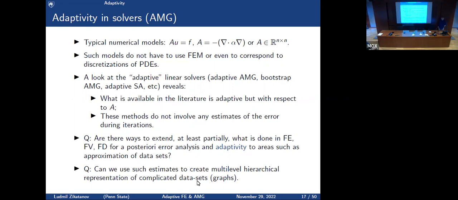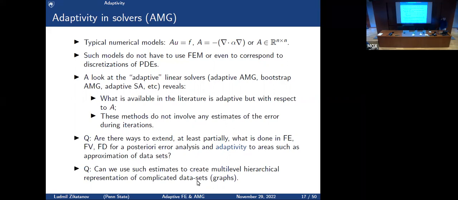So one looks at this Ax = f, which we started with, and there are out there adaptive linear solvers. None of them, in fact, uses the right-hand side. If you think about adaptivity in finite element, the right-hand side is used all the time.